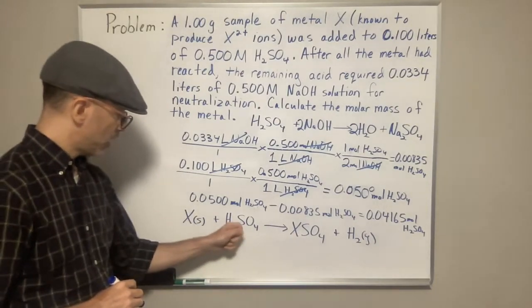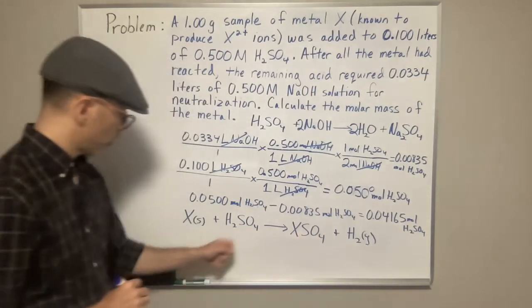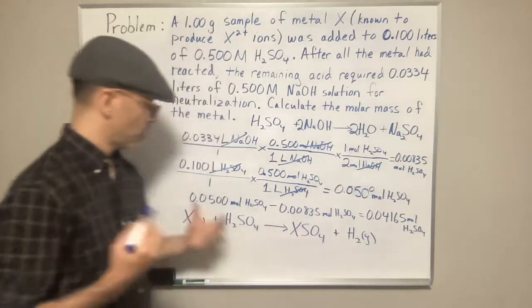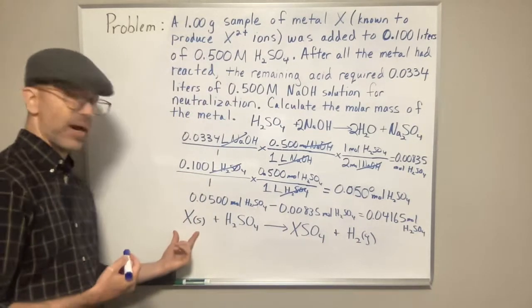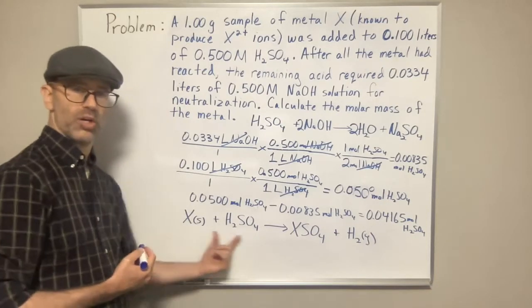So if I balance this out, I have 1 X, 1 X. I have SO4 here, one SO4, so that's balanced so far. I have two hydrogens and two hydrogens, so it's balanced. So my ratio of X to H2SO4 is 1 to 1.